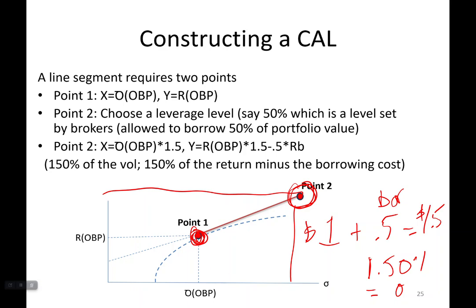The x in my point here is just going to be 150%, 1 plus the leverage, of the standard deviation of this point. So it's just 150% of that value. The y variable is going to be 150% of the return of this, but I need to pay the borrowing cost. In this case, 50 cents times RB.